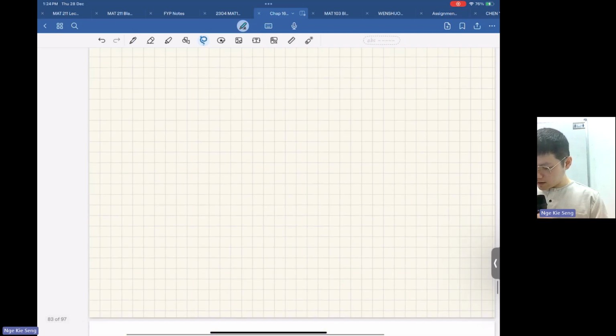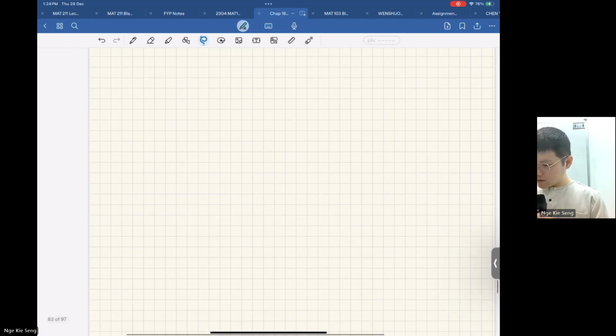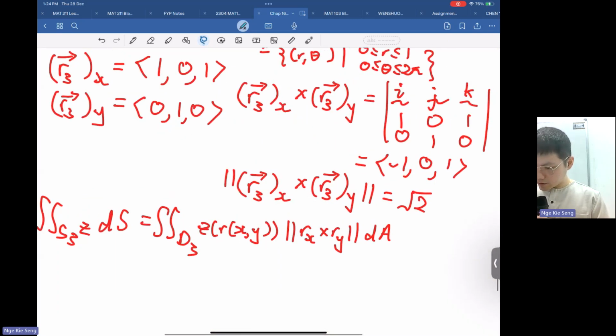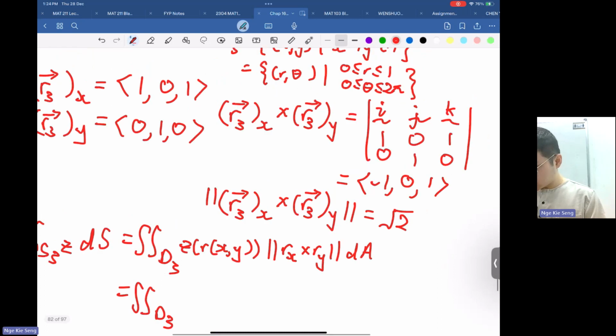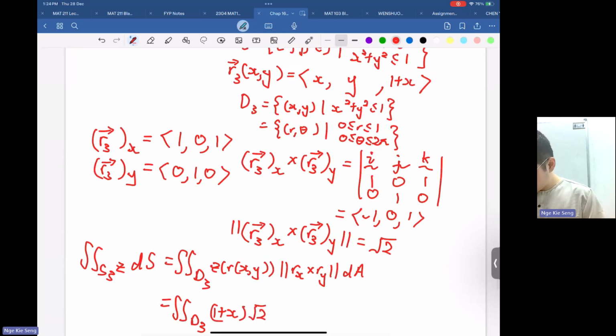Keep this in mind. Then we substitute my function z with 1 plus x, times square root 2 dA. All right, so what to do next?